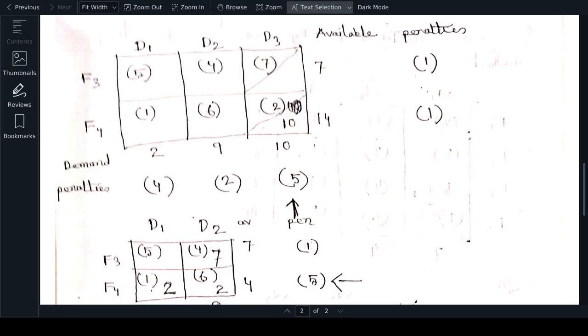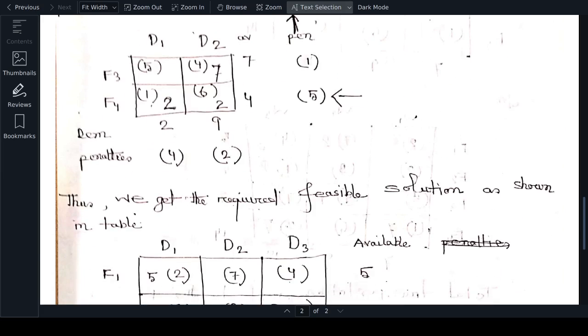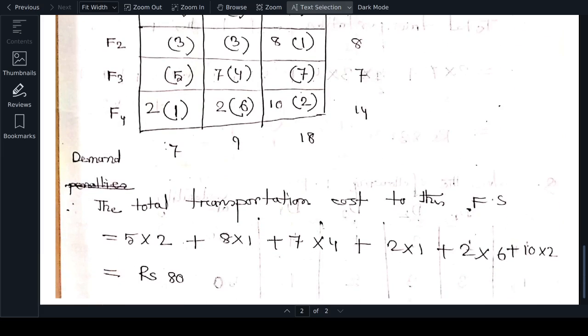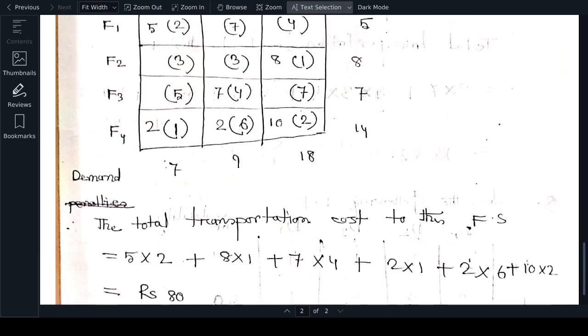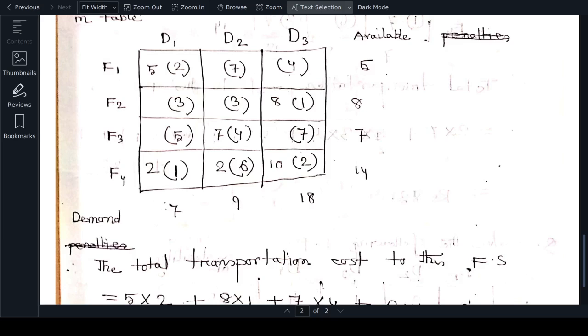Okay, so in second page, last table, you see, I have written, thus we get the required feasible solution as follows. So here, you write where you give the allocation. First table, you give the allocation in cell number 1,1, we give the allocation 5. In second table, we give the allocation in F2 D3. So you see, we give 8.